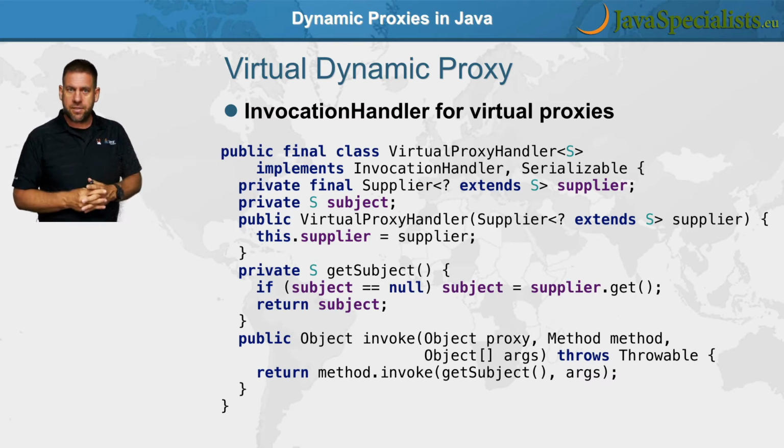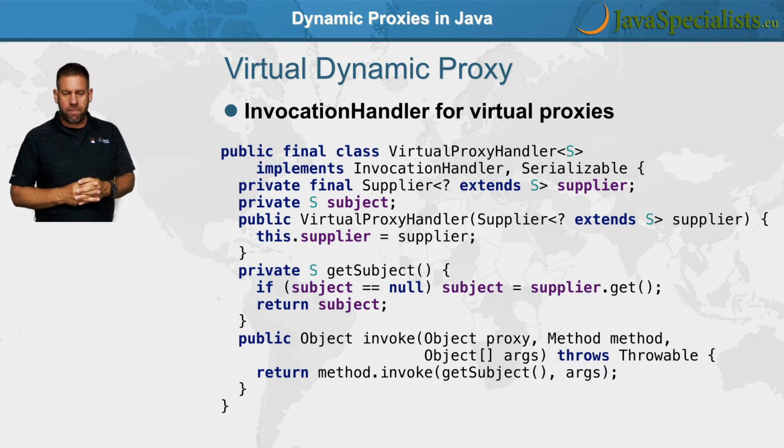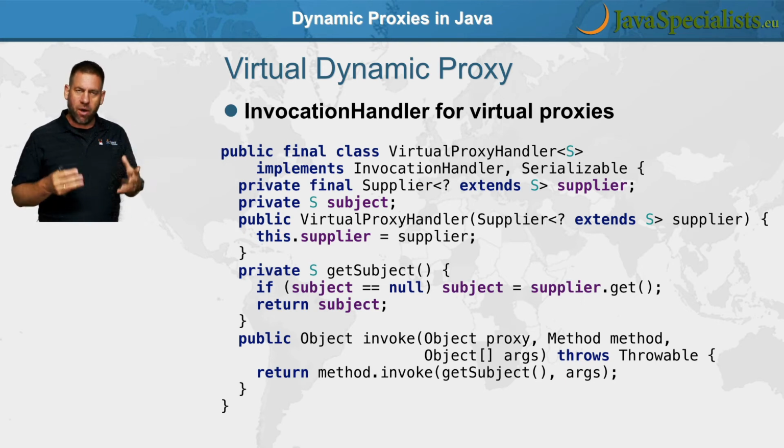And I've got a supplier inside, I've got a subject inside, and the getSubject method, similarly to the handwritten virtual proxy, is going to construct the actual subject on demand when we call any method for the first time.